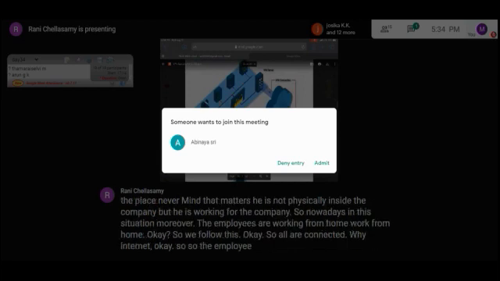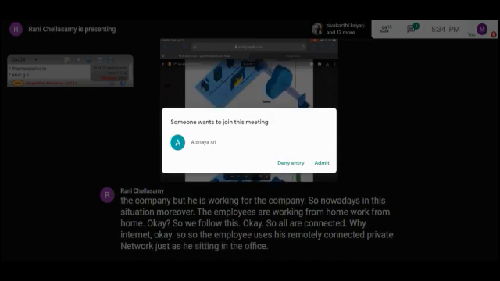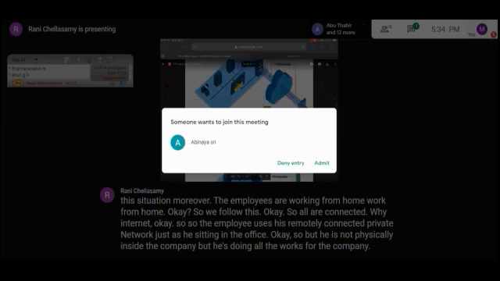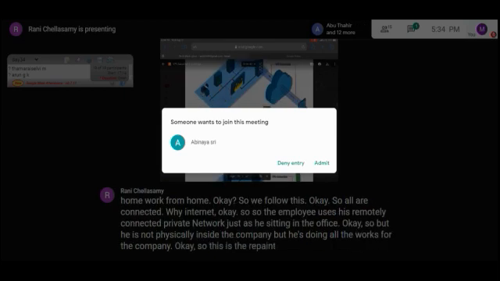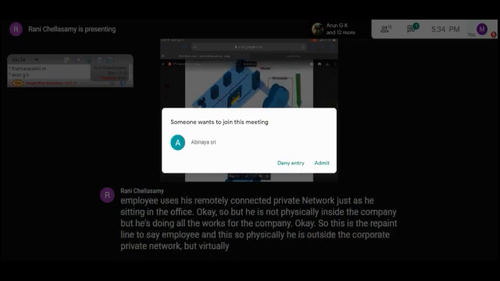So the employee uses his remotely connected private network just as if he were sitting in the office. He is not physically inside the company, but he is doing all the work for the company. So the VPN client is the employee, and physically he is outside the corporate private network, but virtually he is inside the company.